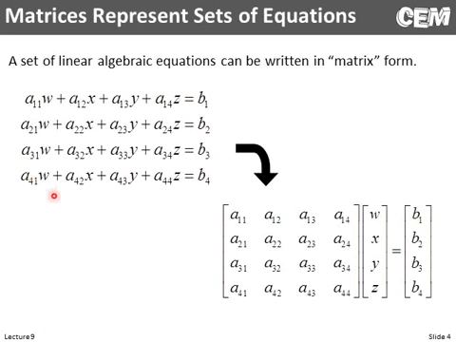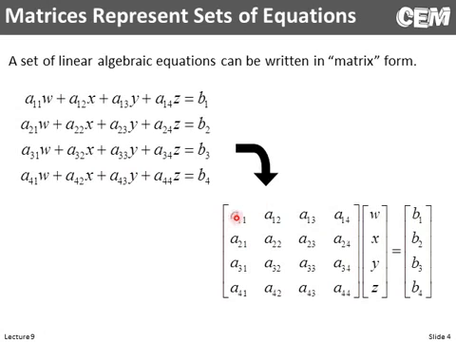Well, it's a bit more compact, and as you'll find out, a whole lot more useful. Rather than write these 4 equations in this straightforward form, we're going to put it in matrix form. We're going to list all of the unknowns in what's called a column vector. So we have w, x, y, and z. All of the coefficients where we have known numbers, we're going to put in a big square matrix.